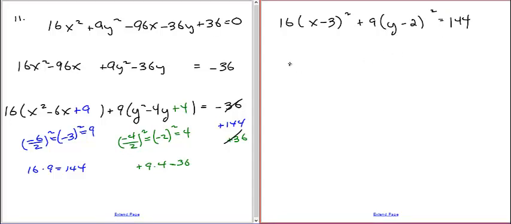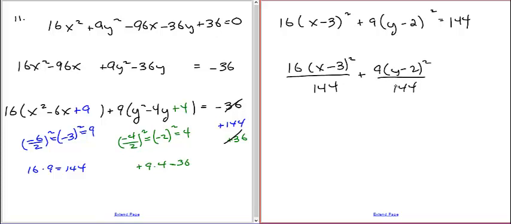Okay, so let's divide both sides by 144 because the standard form for an ellipse is equal to 1. But we want to have all these constants in the denominator. So this 16 goes all the way down into the denominator of the denominator.